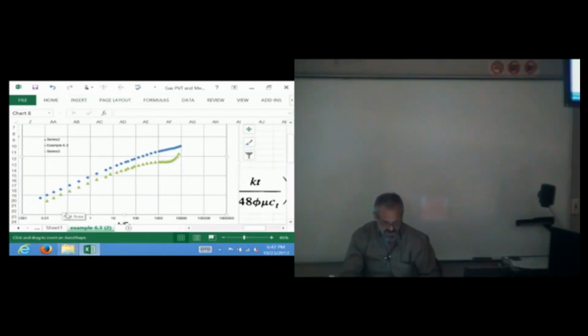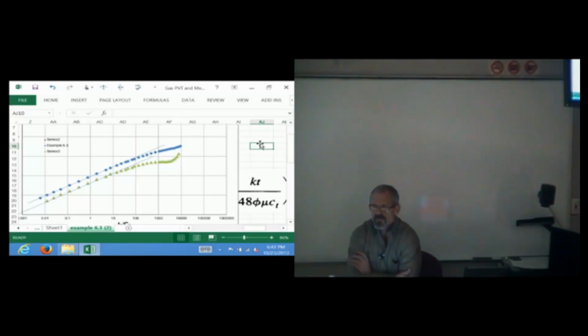Now to put half slope on here, I'm going to go over 2 and up 1, over 2 and up 1, over 2 and up 1. Okay, would everybody agree that that's half slope? And do you see that my derivative and my dimensionless pressure, dimensionless time both have half slope?